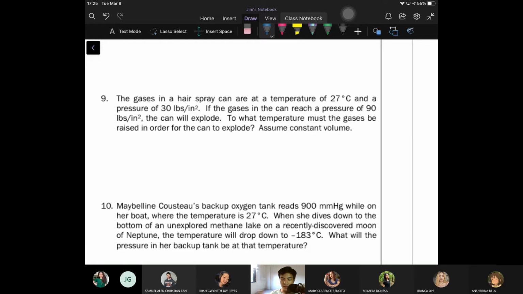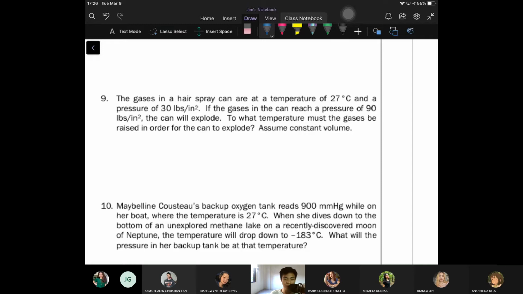Okay? So, again, basahin ko ulit. The gases in a hairspray can are at a temperature of 27 degrees Celsius and a pressure of 30 pounds per square inch. If the gases can reach a pressure of 90 pounds per square inch, the can will explode. To what temperature must the gases be raised in order for the can to explode?